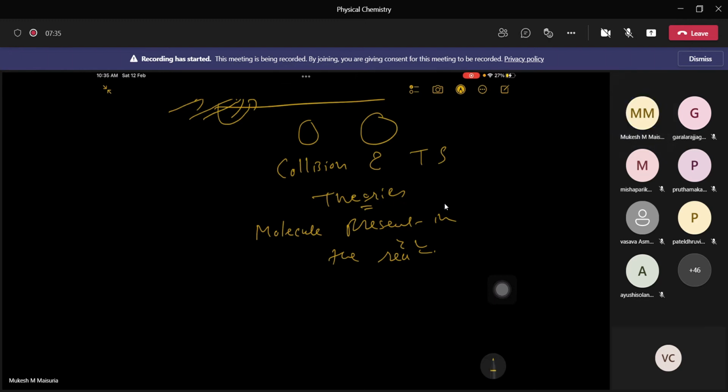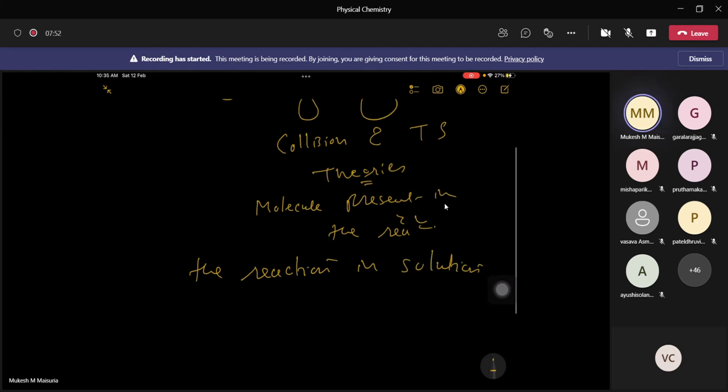But when we talk about the reaction in solution, we know that by definition a solution contains solvent as well as solute.